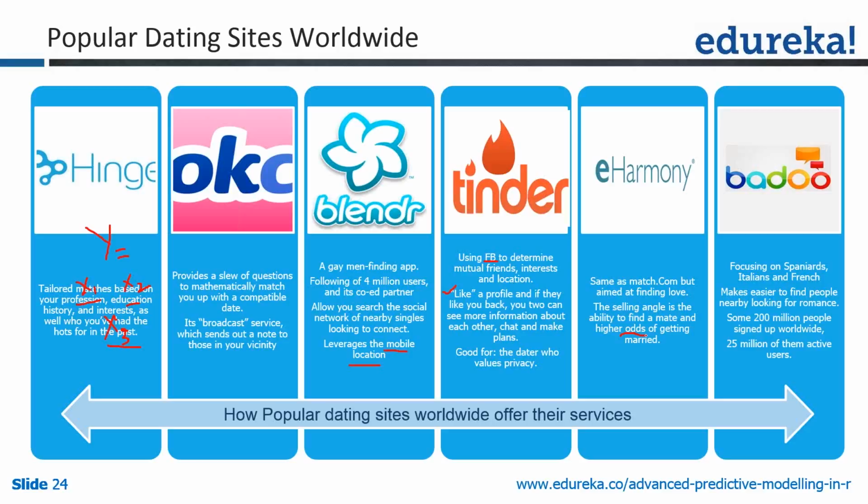So you can provide this additional information to your customers and say that, okay, you two profiles seem like, if you two go along well for another 2 or 3 years, you'll get married, kind of, right? Based on your historical data, and so on and so forth. Badoo is for your Spaniards, Italians, and French.